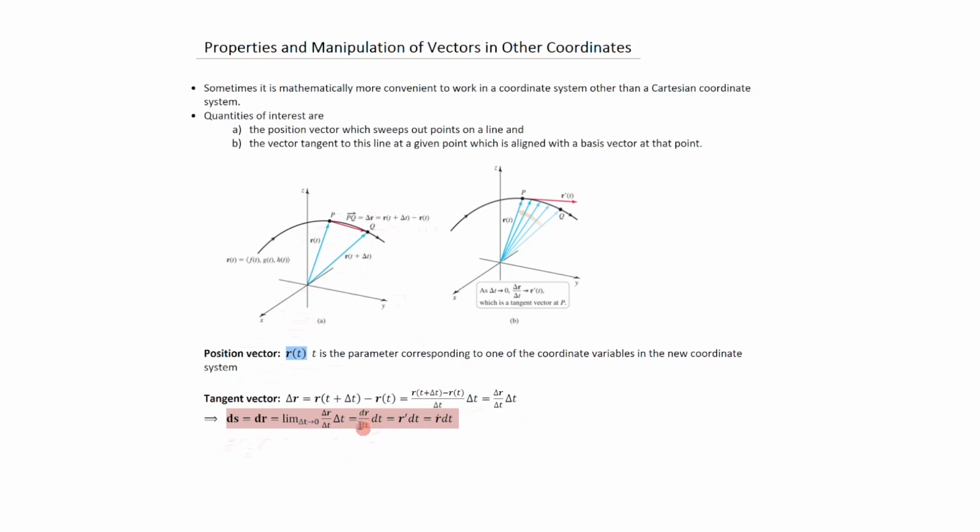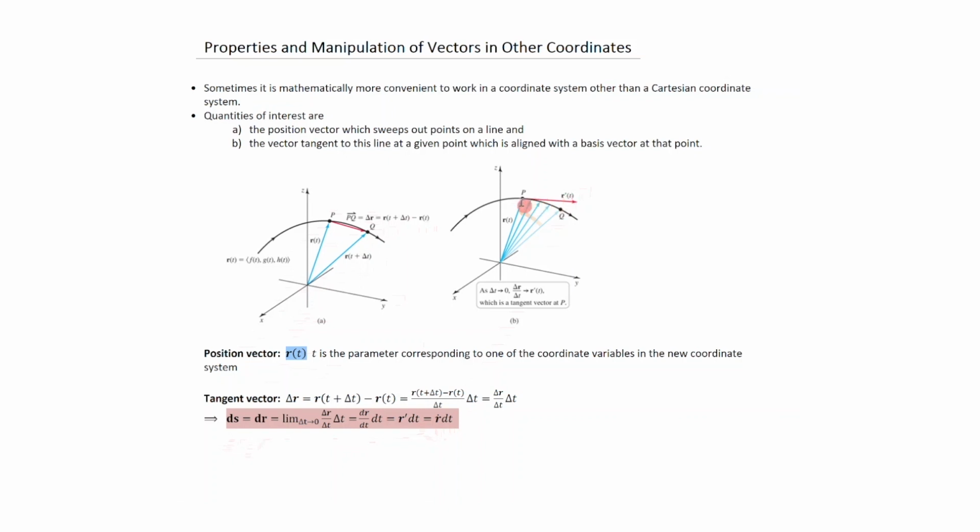Now this can also be written in this form, which is r prime dt, or sometimes it's written as r dot dt. The dot basically infers a derivative, and it's with respect to time. So what you see here is nothing more than this red vector that you see here, which is the tangent to the contour at a given point in time.